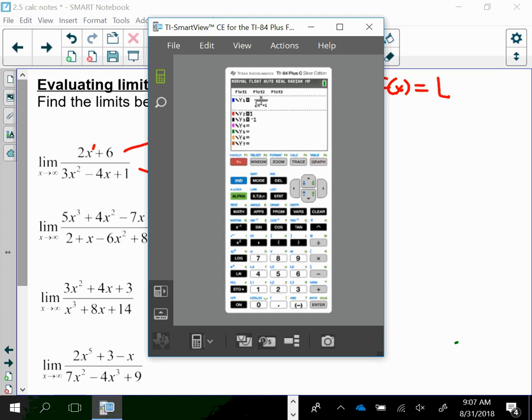Okay, so let's put it in here just to remind ourselves, and then we'll remember the rule, hopefully. All right. Alpha y equals, gives you a nice fraction. You don't have to mess with parentheses. 2x plus 6 over 3x squared minus 4x plus 1. Graph. Okay, it is indeed 0.